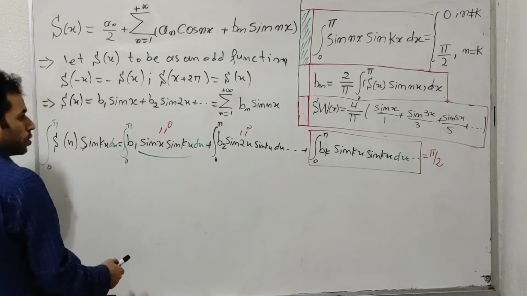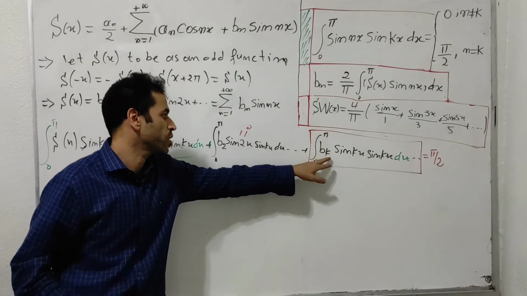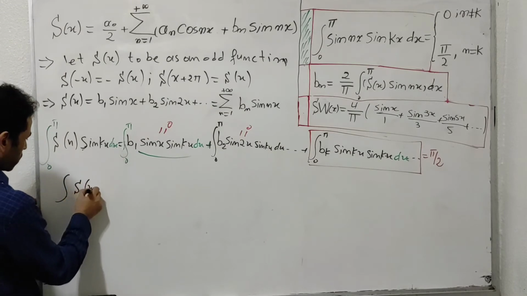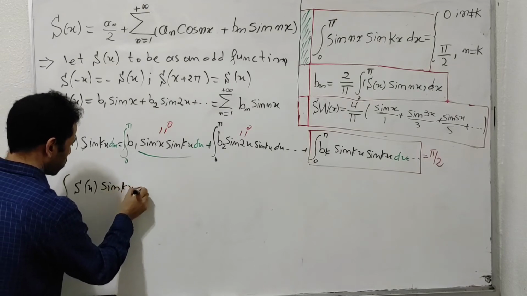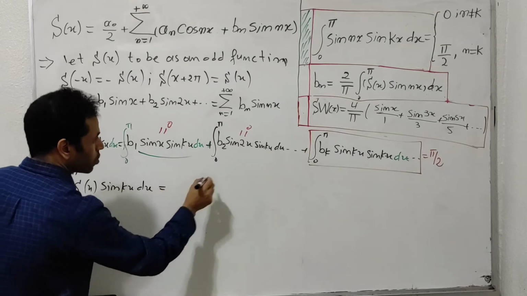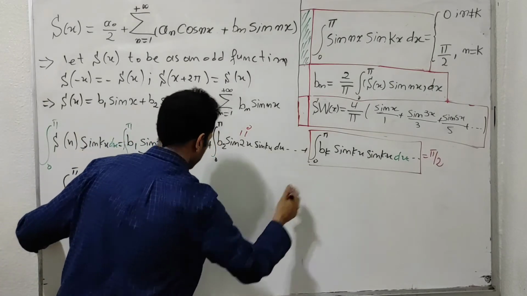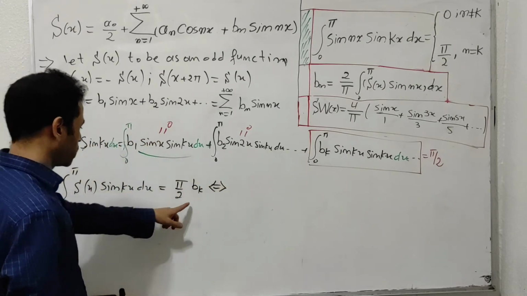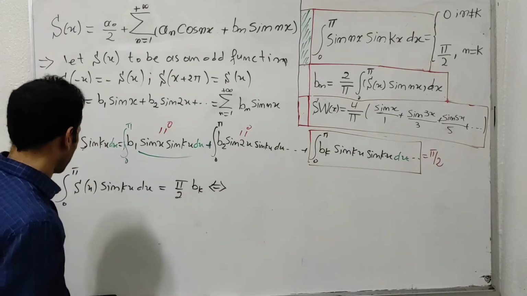Now since I have pi over 2, I'm going to take bk outside of this integral because it's considered a constant. So I will have my integral of s of x, as an odd function, multiplied by sine kx dx, as x goes from 0 to pi, equal to pi over 2 multiplied by bk. I'm going to replace k with n by multiplying both sides by 2 over pi.